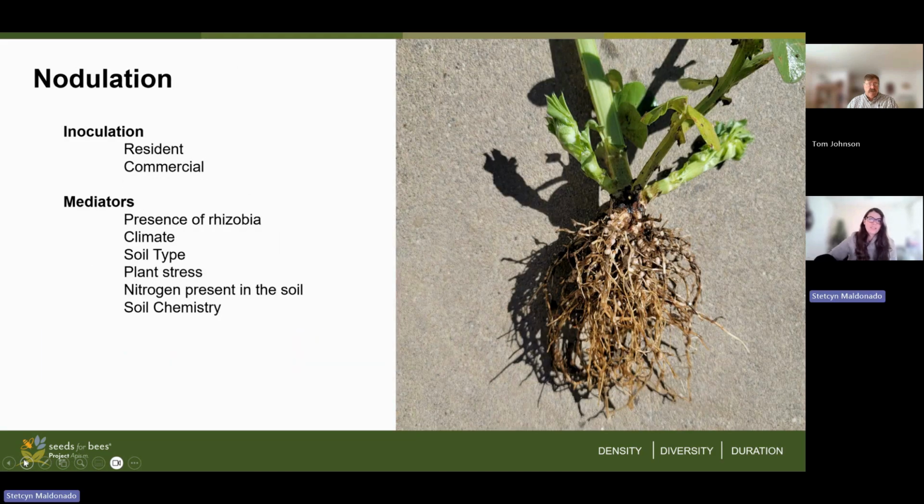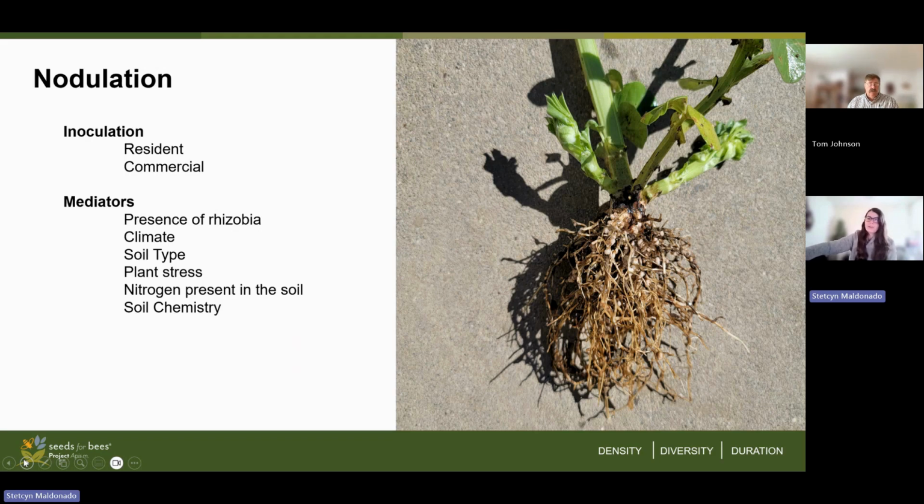So here is nodulation. Inoculation is the most important thing when it comes to getting these bacteria to work with legumes. There are resident microbes, which are microbes already found in your soil, and then there are commercial products. You could plant an untreated legume seed and it can grow and potentially form nodules with the resident bacteria.